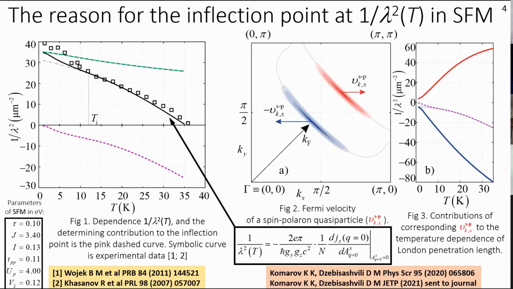So this model, when we calculate the spectrum, we have a whole pocket on the Brillouin zone like this.